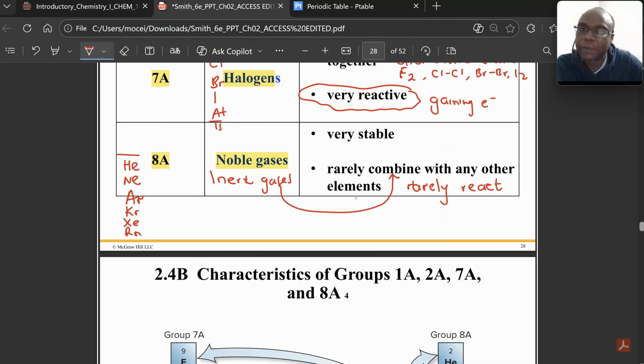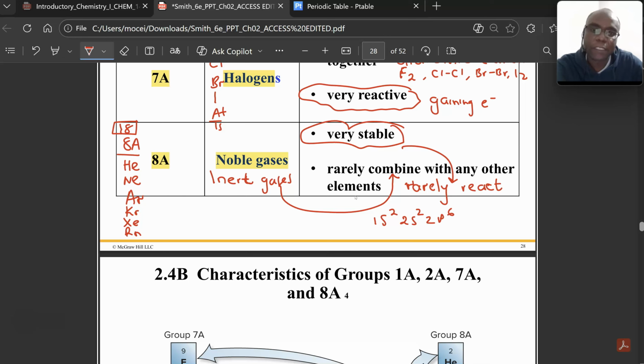Those are main group A elements, or overall column number 18. They are very stable because they rarely react. When we talk about the electronic configuration, you will realize that all their orbitals are fully filled, and actually we would say that the octet rule is already satisfied for these elements.